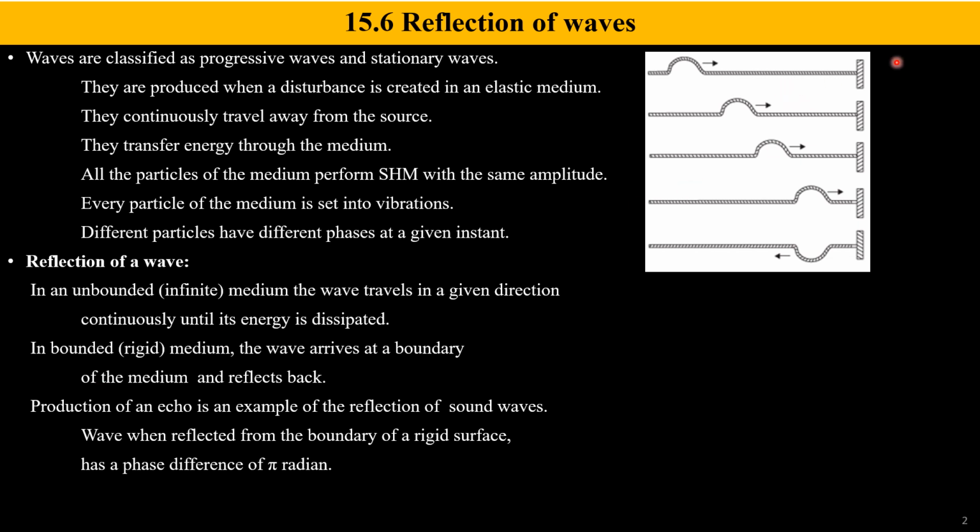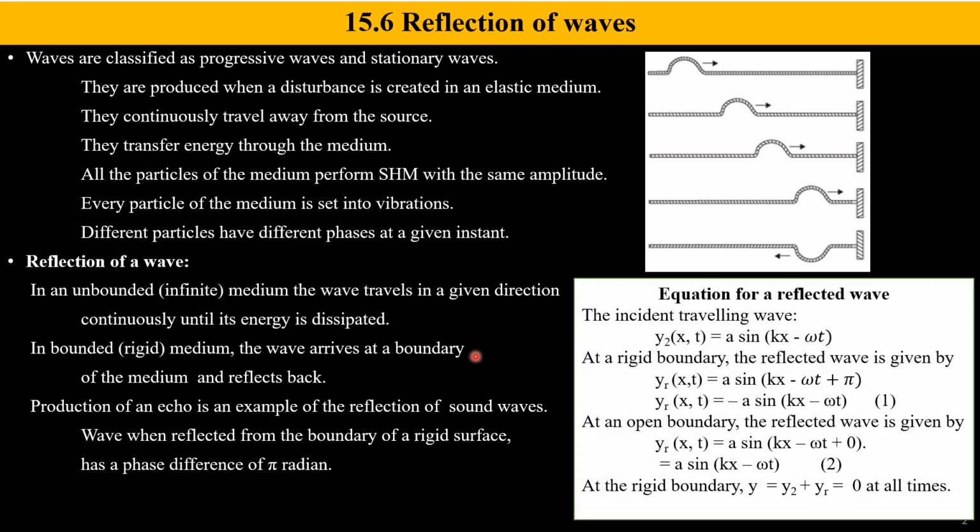The wave travels here, comes across a rigid body and gets reflected. In the bounded, rigid medium, the wave arrives at the boundary of the medium and gets reflected back.